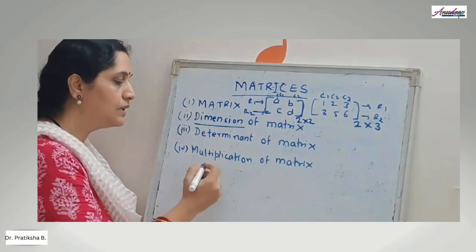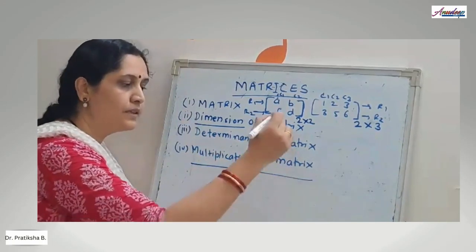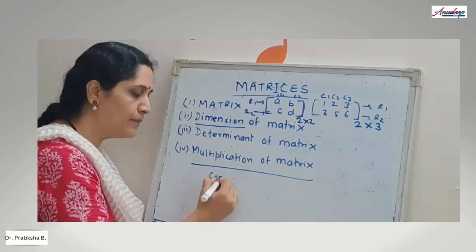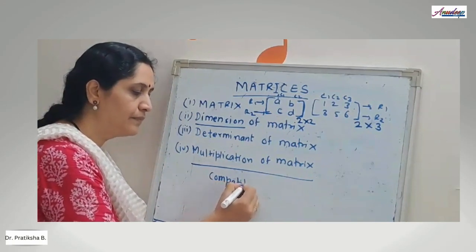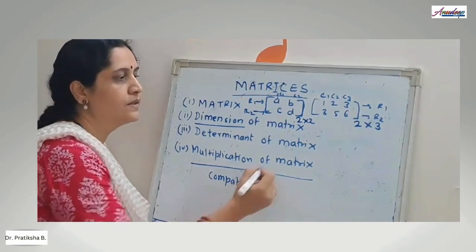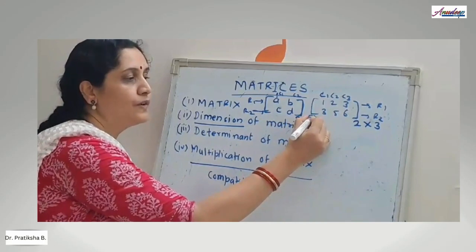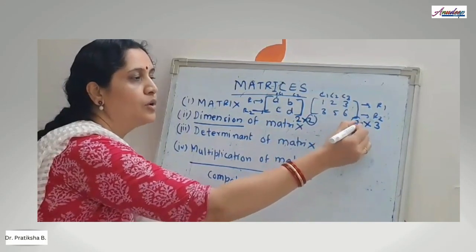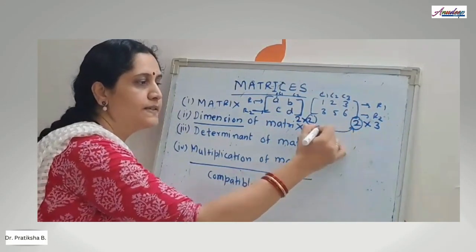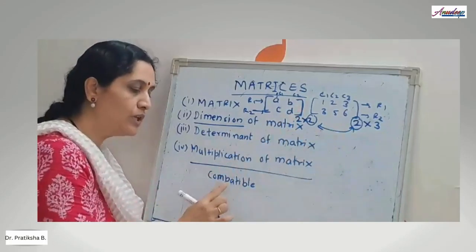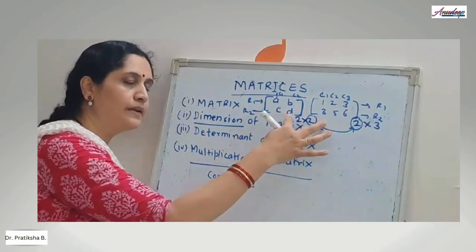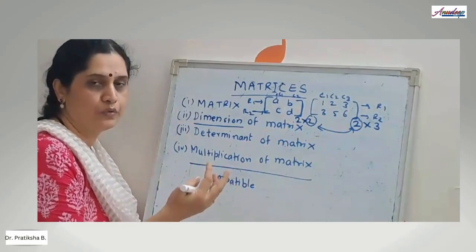When we are taking the multiplication of matrices, the matrices should be compatible. That means the column number of the first matrix and the row number of the second matrix should be the same. They should match. Only then do we say the matrices are compatible and we can take the product of the two matrices.